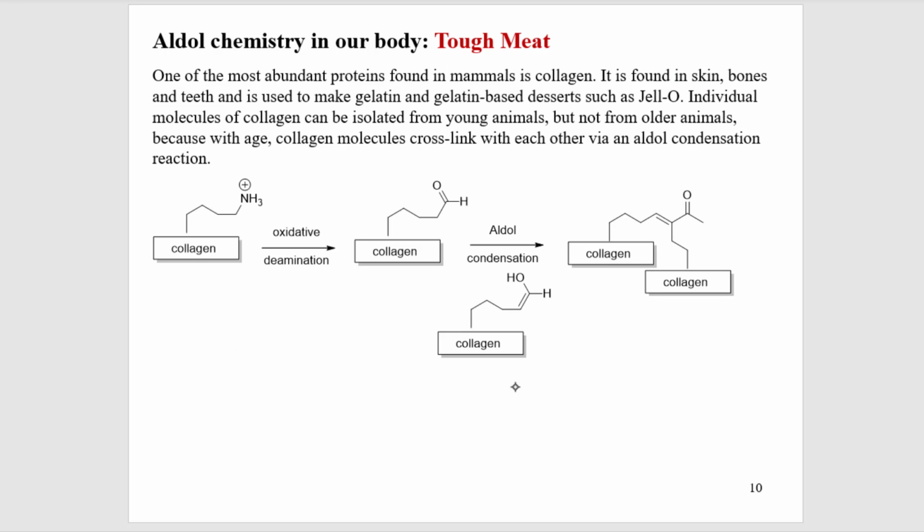Another fun example of aldol chemistry in bodies is with the collagen molecules. If you look at a collagen molecule, it has this ammonium species at the end of this very large molecule. And through oxidative deamination, this ammonium species on the carbon becomes an aldehyde.